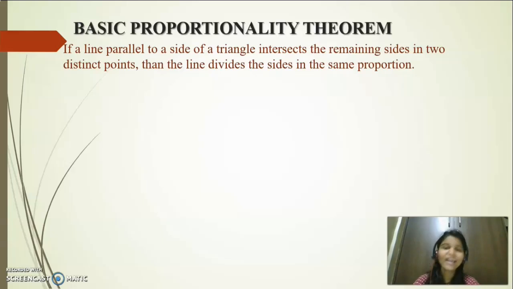So now with the help of this statement, let us try to draw a figure. What are they saying? If a line parallel to a side of a triangle, so we will need a triangle first. So students, take a book, pen and draw a triangle first. Now for this theorem, I will let you draw the figure first and then I will draw the figure on my screen. So first draw a triangle.